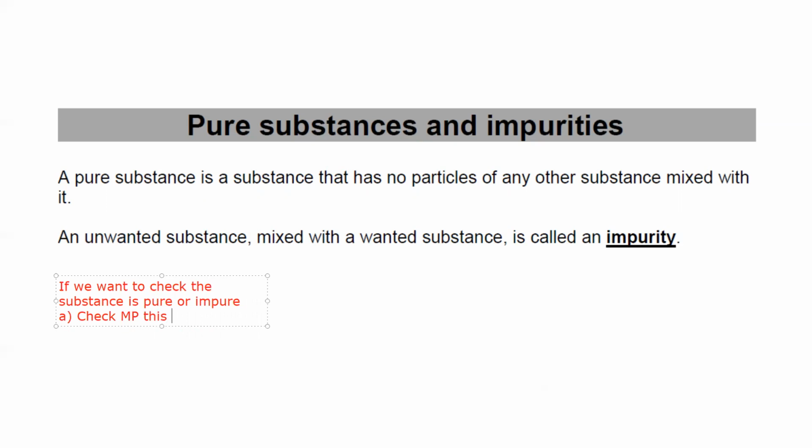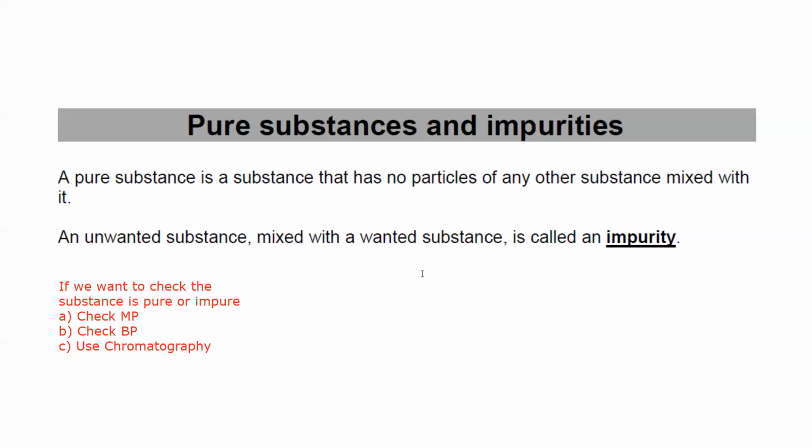This is done for solids. We can check the boiling point, or we can use a technique which is known as chromatography. So these are the techniques which we can use to identify whether a substance is pure or impure.